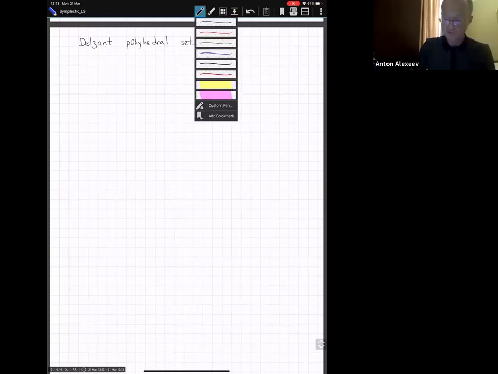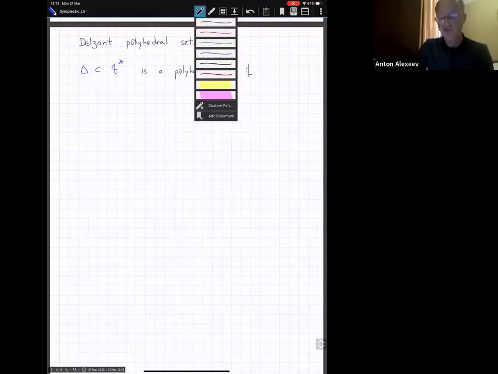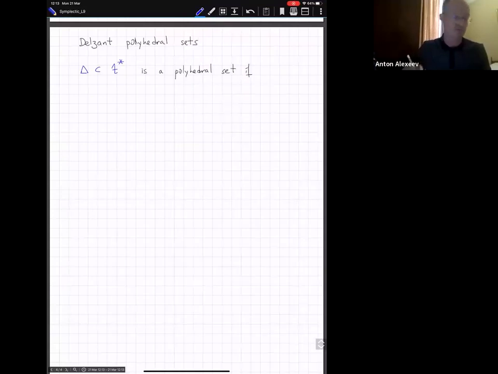So first of all, let me give the following definition. So delta, and this delta will be inside T star. We're going to consider some subsets of T star. Delta is a polyhedral set if it is an intersection of a finite number of half spaces.